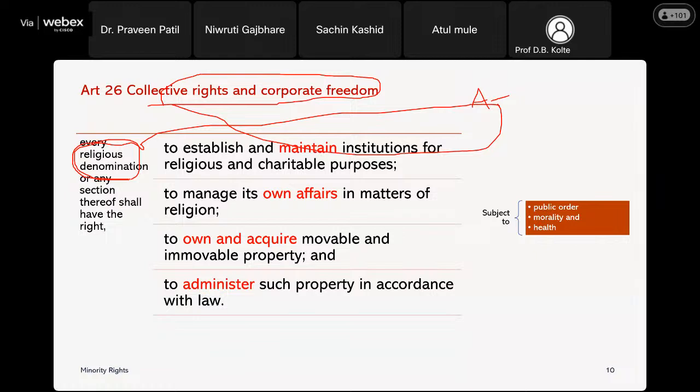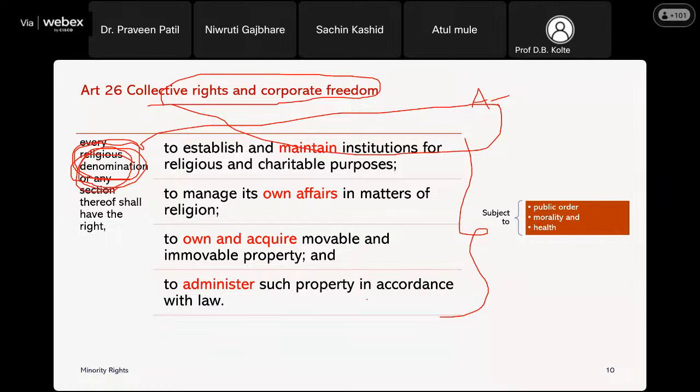And Article 26 says all people of a particular religion or of a particular thinking can form their own denominations, and this denomination will have the character maybe of a trust, maybe of an organization, and this trust or organization shall have these four important rights.